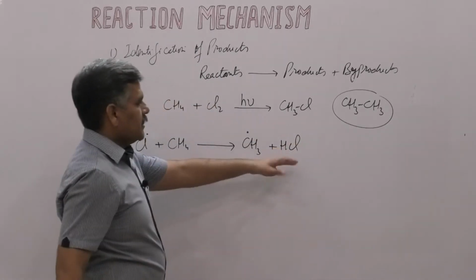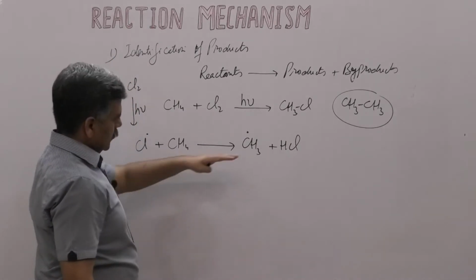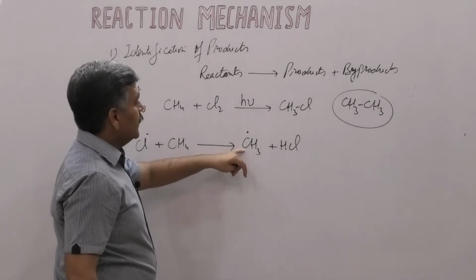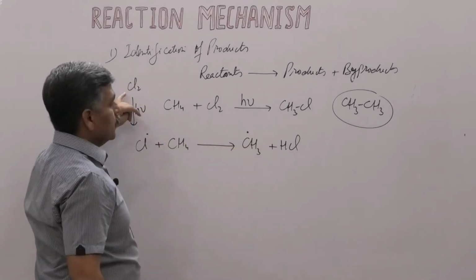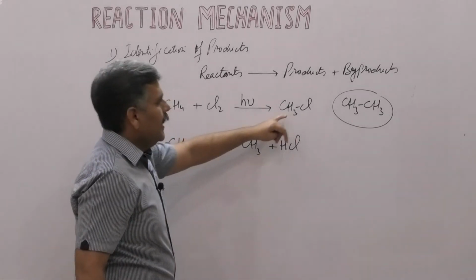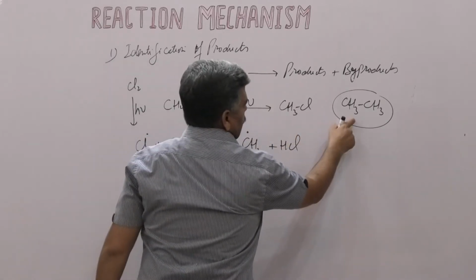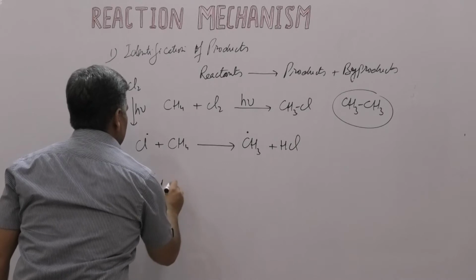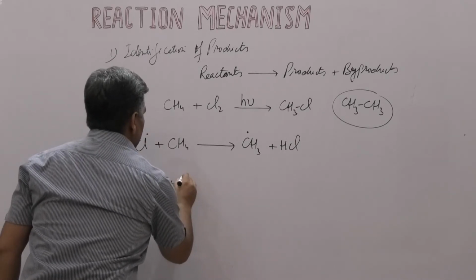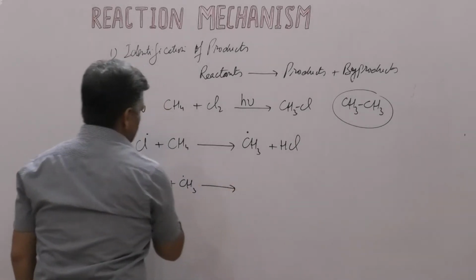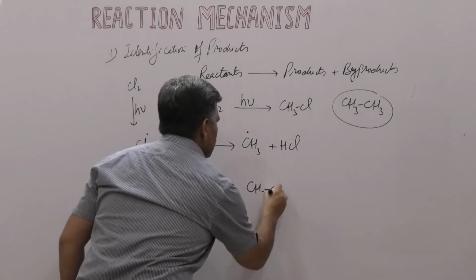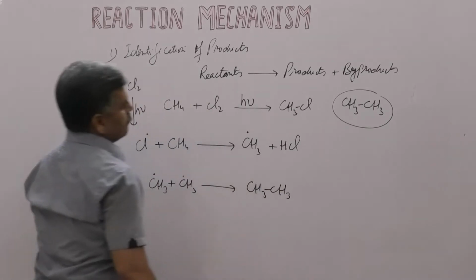So formation of the HCl byproduct is proved here. This methyl free radical reacts with another molecule of chlorine and gives us the product. And formation of ethane is proved here, because the CH3 free radical in the termination step reacts with another methyl free radical and gives us ethane.